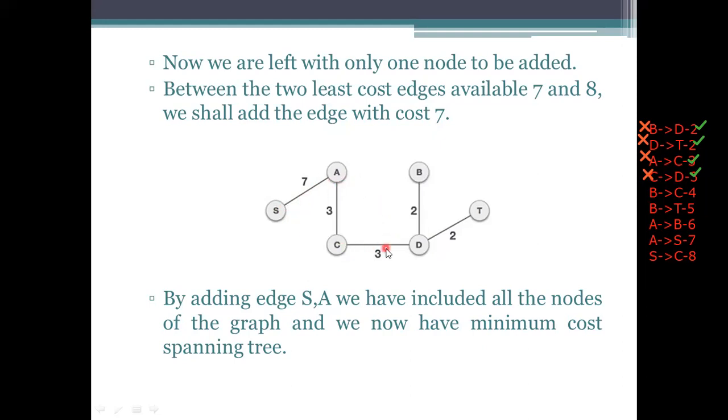There is no need to read the last data, because if you add this last one, it forms a cycle, and that is not a property of the spanning tree. We need to stop at 7 only and discard the rest. So we are choosing 7, and the discarded ones are 4, 5, 6 and 8.